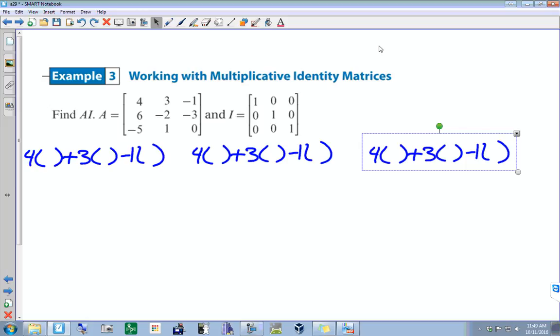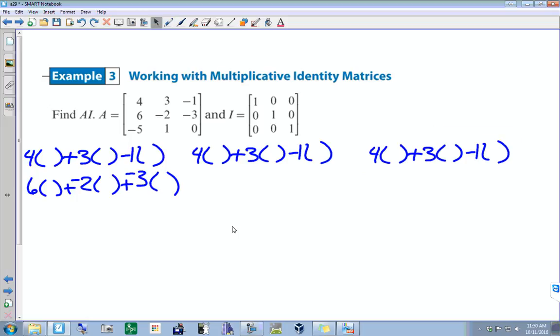So, the next thing I have to do is 6, -2, and -3. So, if I want to put it 6 times plus -2 times plus -3 times. Okay? Can I just copy and paste that one again? Because it's just going to be that set.